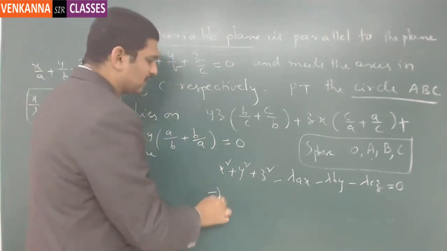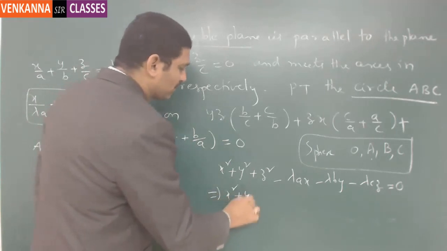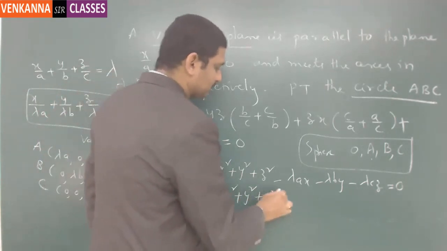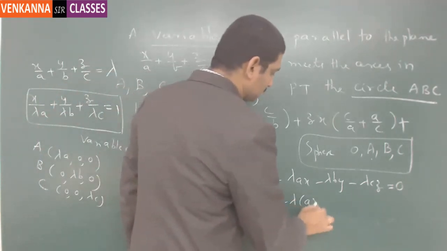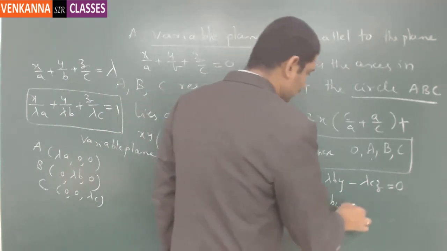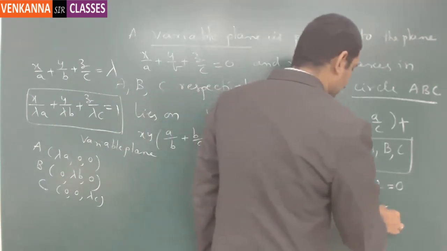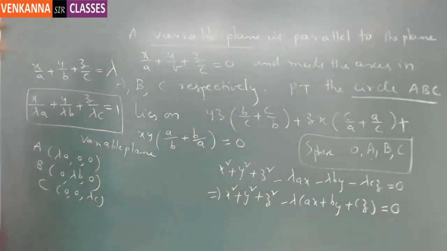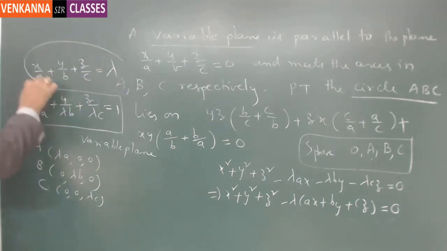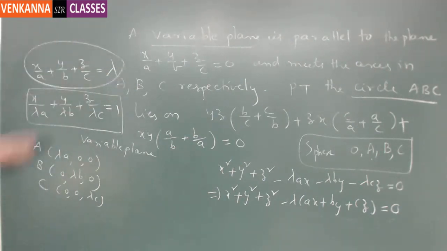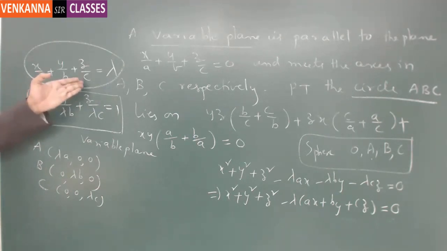In other words, I need to calculate a value for lambda. So in the sphere equation, you can do further modification. Obviously in the variable plane, lambda is nothing but x by a plus y by b plus z by c.